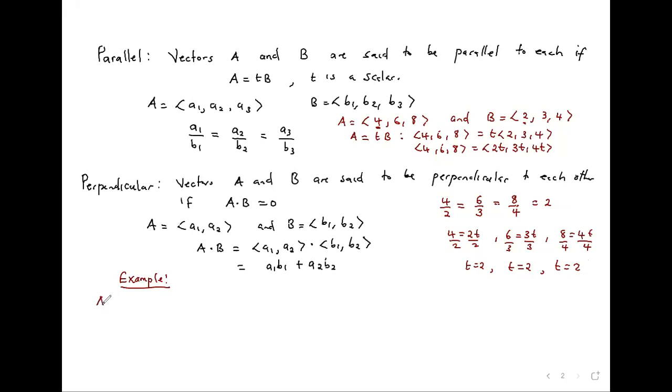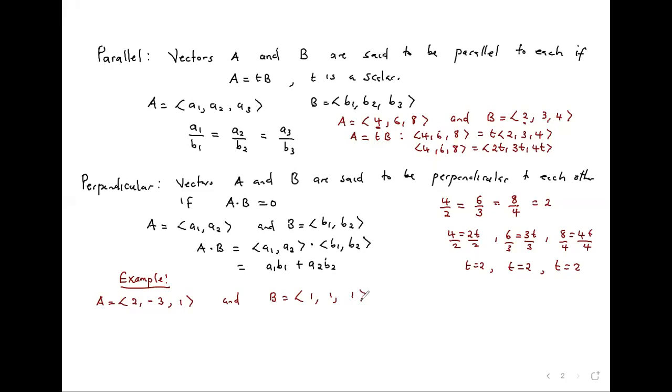You get A to be a vector, say 2, -3, 1, and B to be the vector 1, 1, 1.